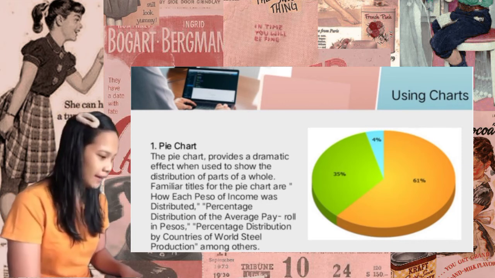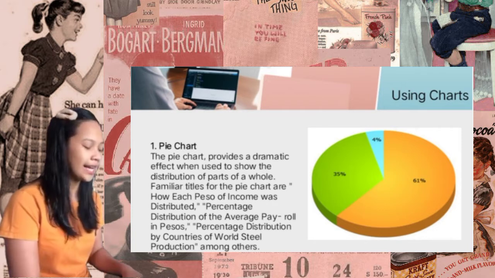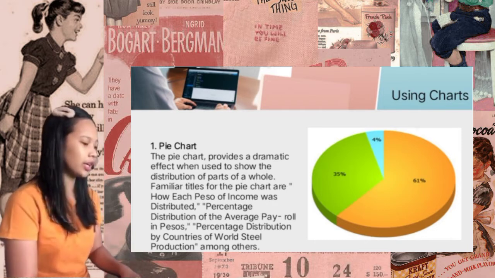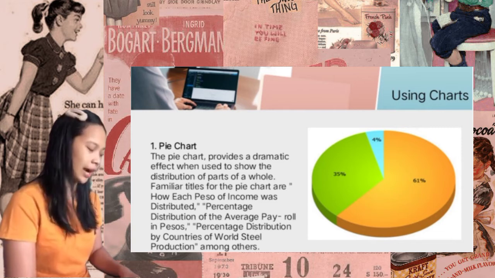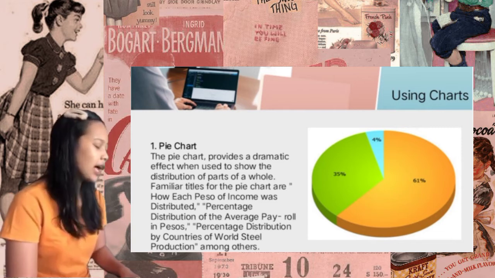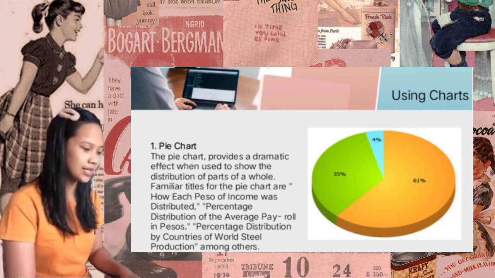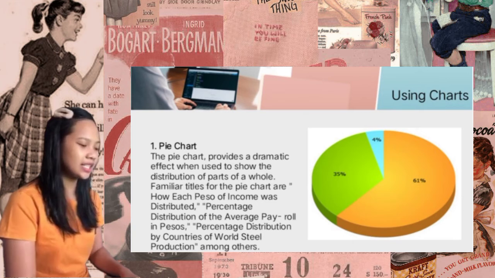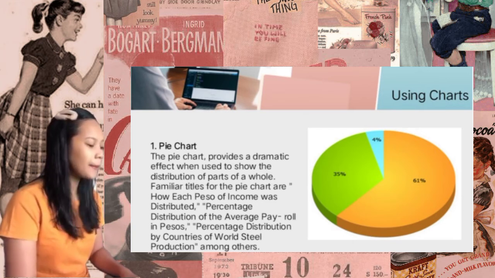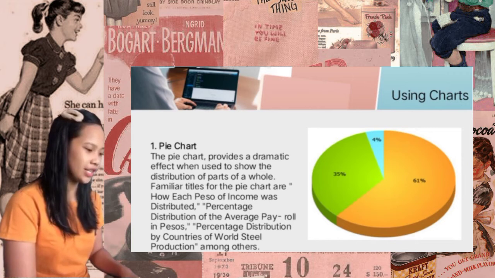They have familiar titles or example titles. It can be at the bottom or above your graphic. Examples are how each peso of income was distributed, percentage distribution of the average payroll in pesos, percentage distribution by countries of world steel production, among others.